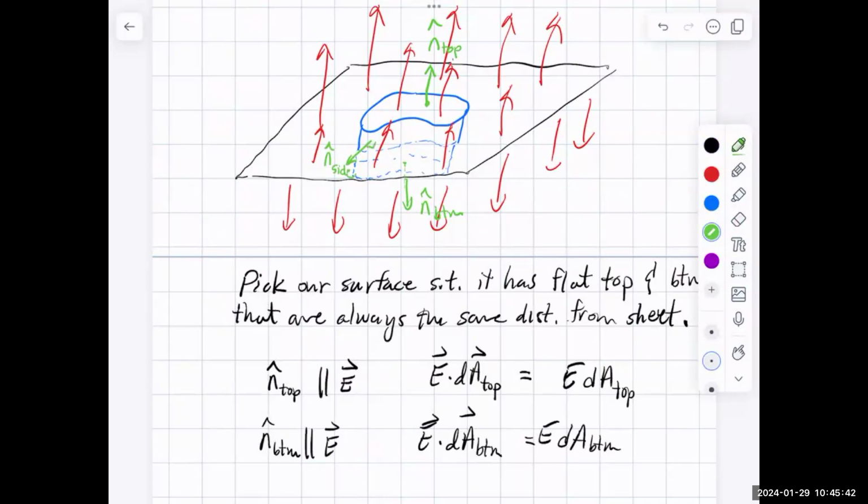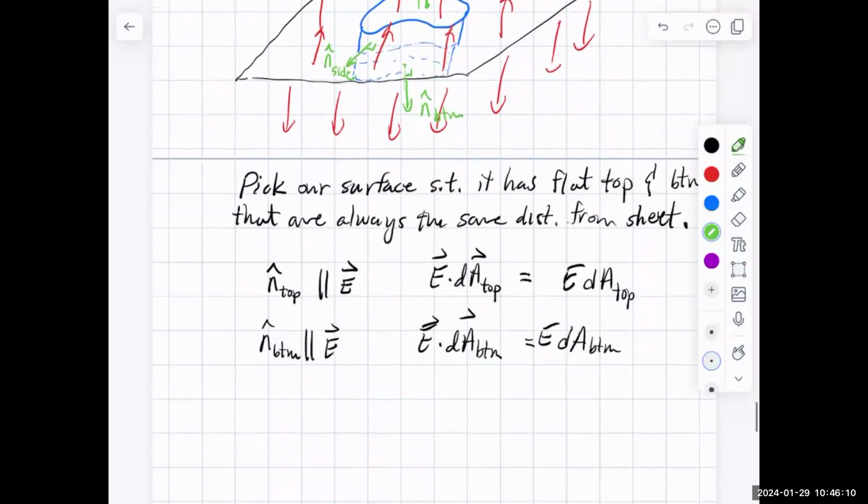I'm just going to emphasize that these normal vectors are always perpendicular to whatever surface they're attached to. What's the angle between n hat side and the electric field? 90. And it doesn't matter if the portion of the side is above or below the sheet. In both cases, it's a 90-degree angle.